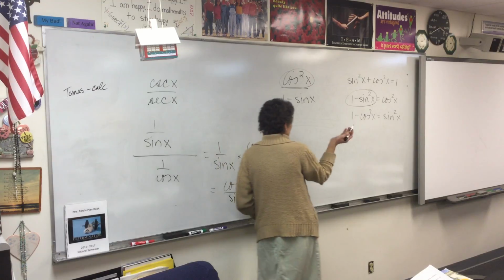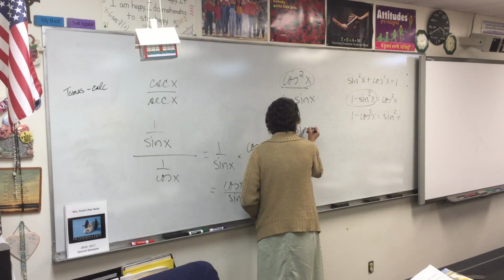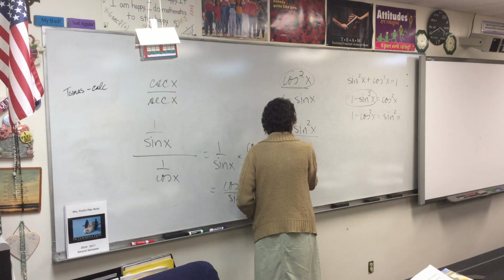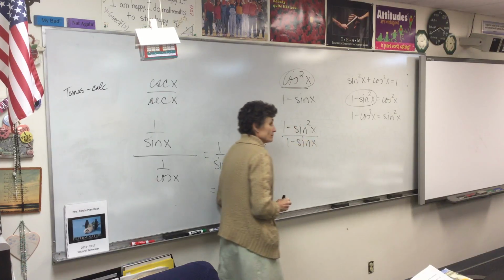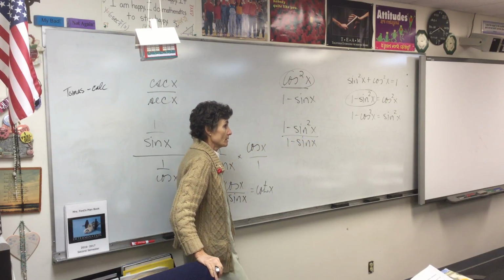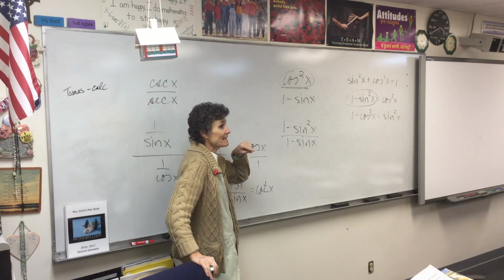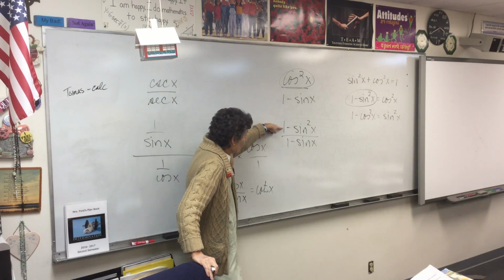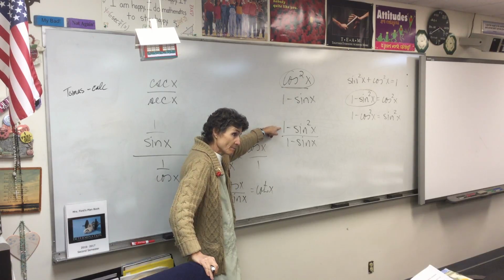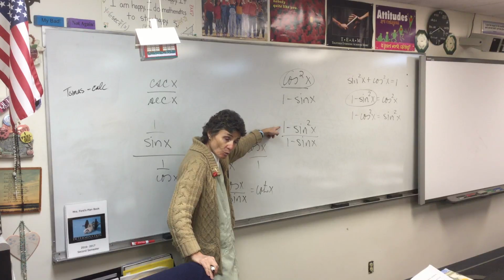So now, if I do that, I have 1 minus sine squared over 1 minus sine. Now, we haven't done one of these in a few days, but we did do several where we factored this. This is called the difference of squares.